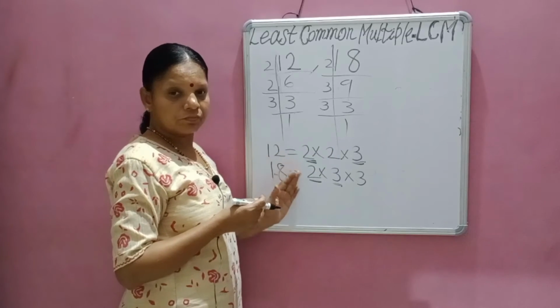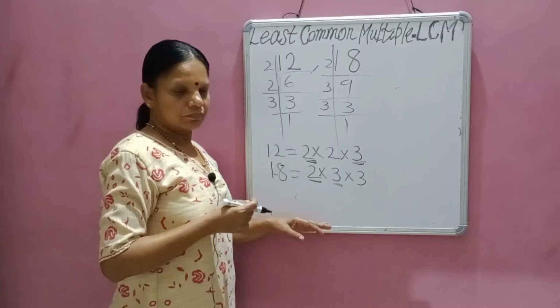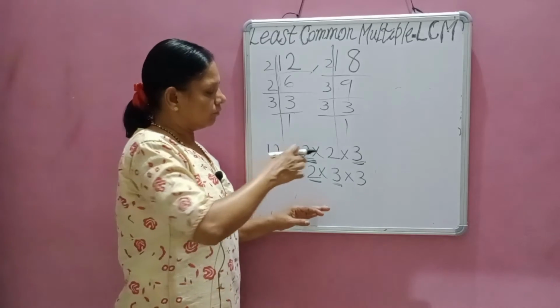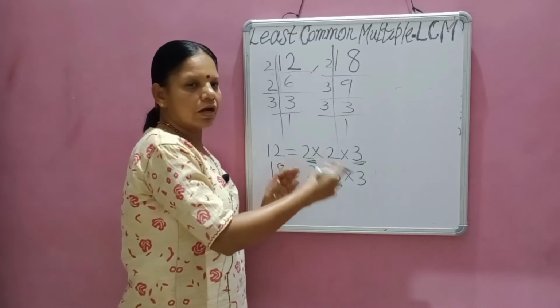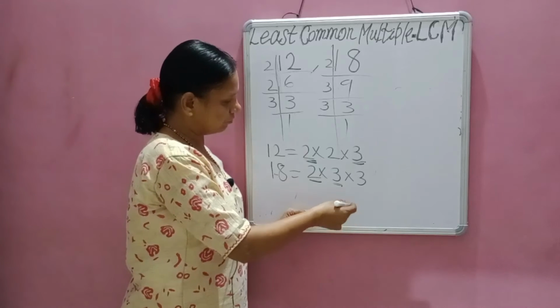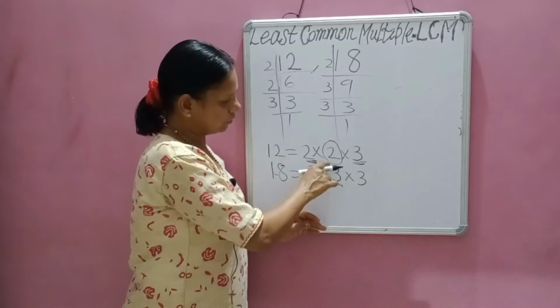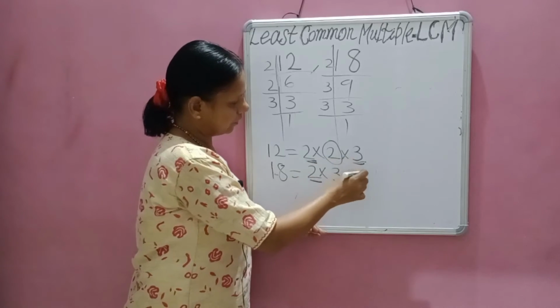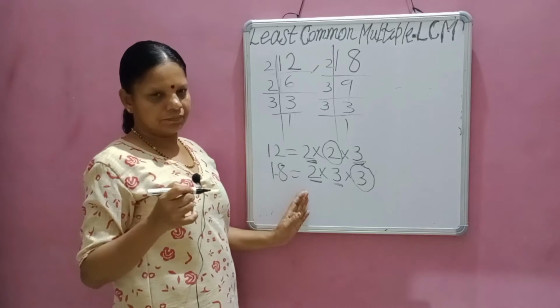But if you take only common factors, you will get GCD, not LCM. LCM you will get by taking common factors as well as non-common factors. That is, non-common factors I am putting the circle. One 2 is non-common and one 3 is non-common in this number 18.